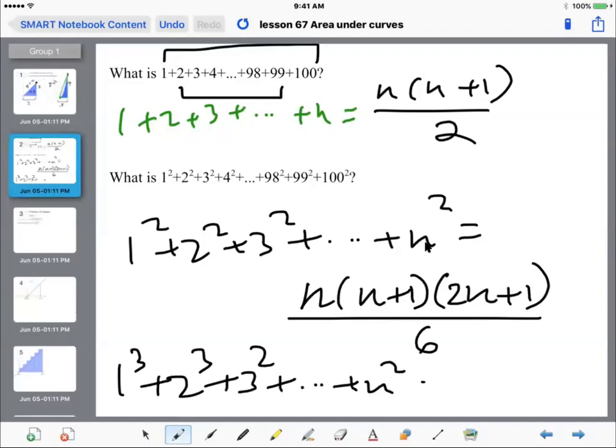Oh, but by the way, if I type in 100 times 101 times 201 divided by 6, I get 338,350 for this question. And whoops, what happened there? That should be cubes all around.